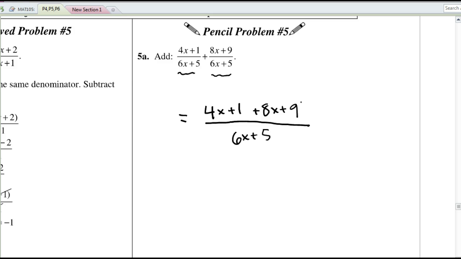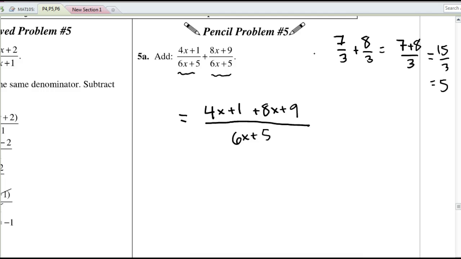Right? It's like if you would have 7 over 3 plus 8 over 3. This equals 7 plus 8 over 3, which would be 15 over 3, which is 5.